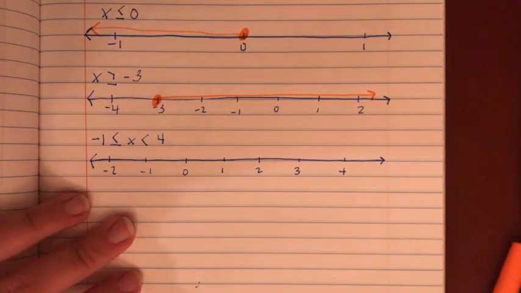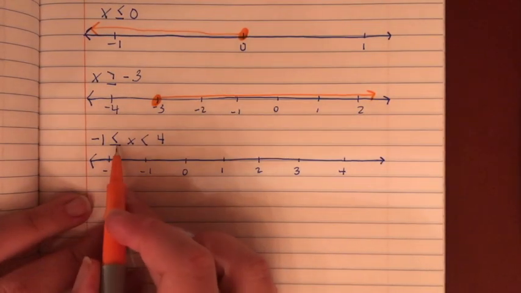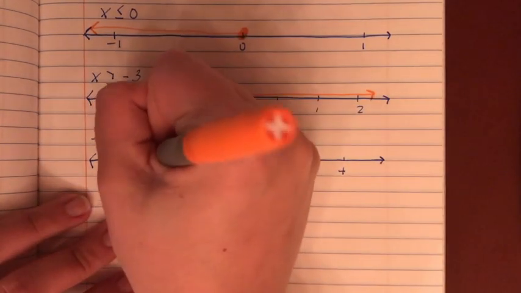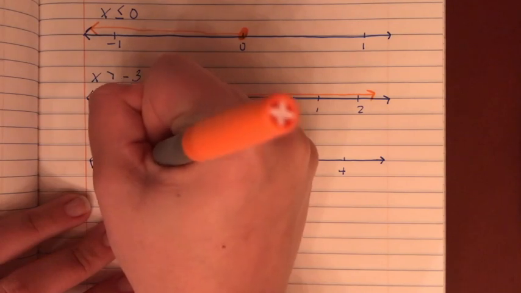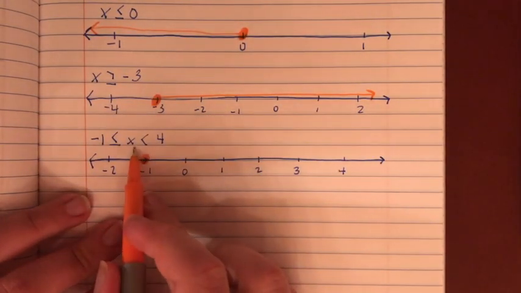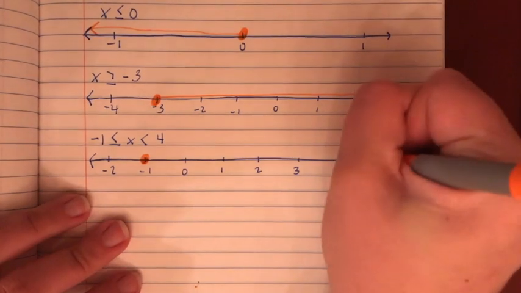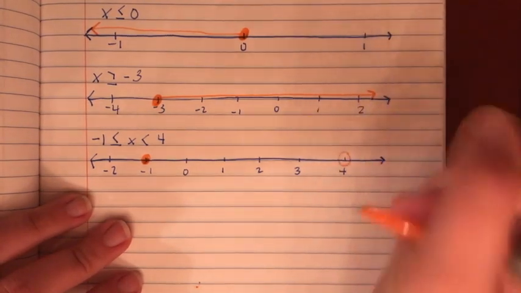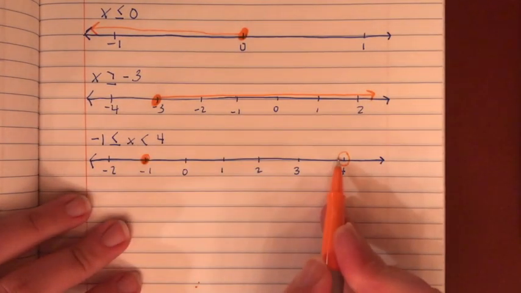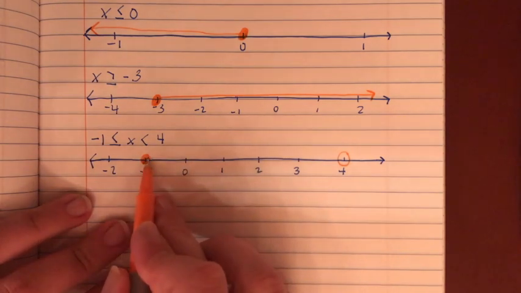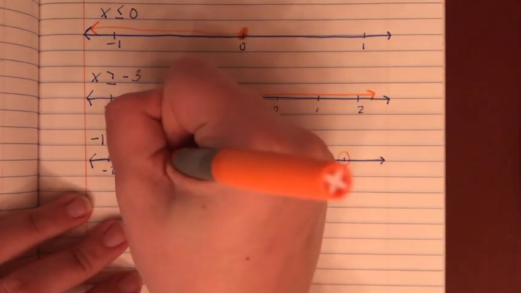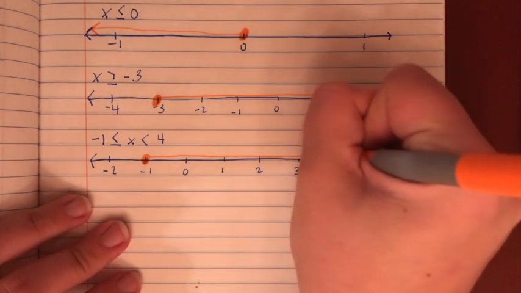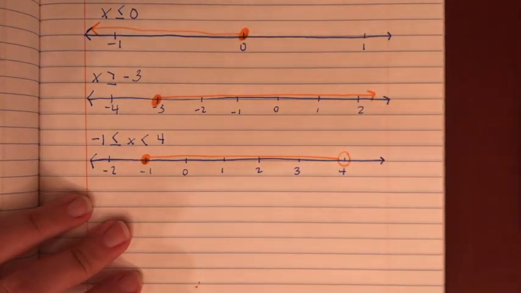So let's start first by drawing our circles. So it can be equal to -1, so we'll put a closed circle on -1. It cannot be equal to 4, so we'll put an open circle on 4. And then since x needs to be less than 4, that goes this direction, and x is greater than -1, we draw a line in between them. Okay. So now let's do one more.